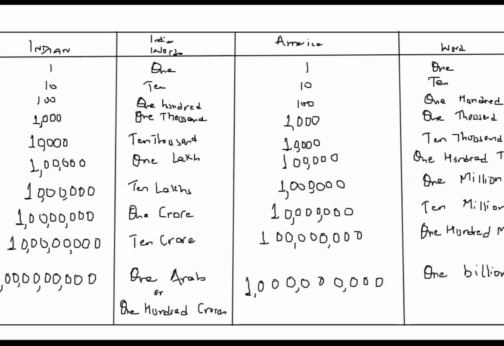In India, it's ones, tens, hundred, thousand, 10,000, then lakh, 10 lakh, 1 crore, 10 crore, Arab, and so on and so forth, right? Whereas in the US, it's ones, tens, hundred, thousand, 10,000, 100,000, then million, 10 million, 100 million, then billion, and so on and so forth, right?